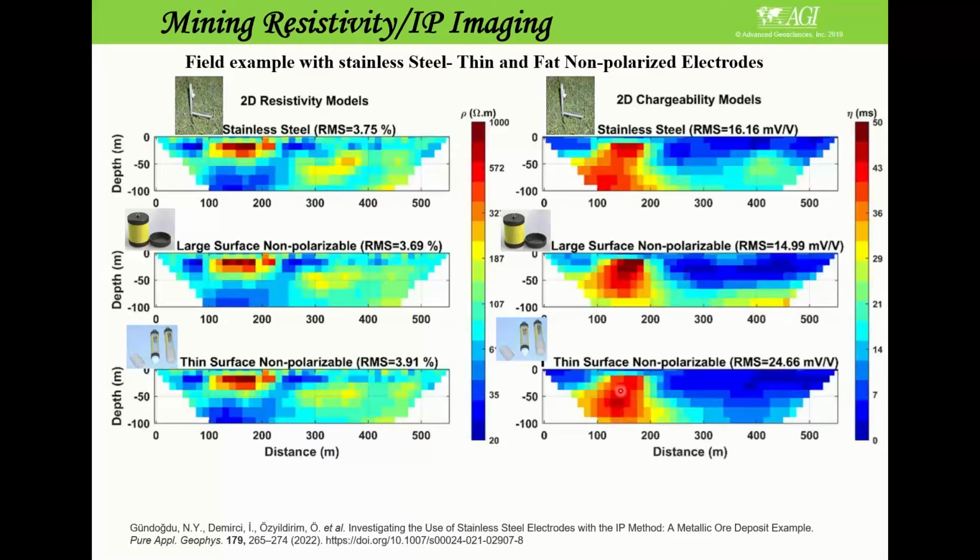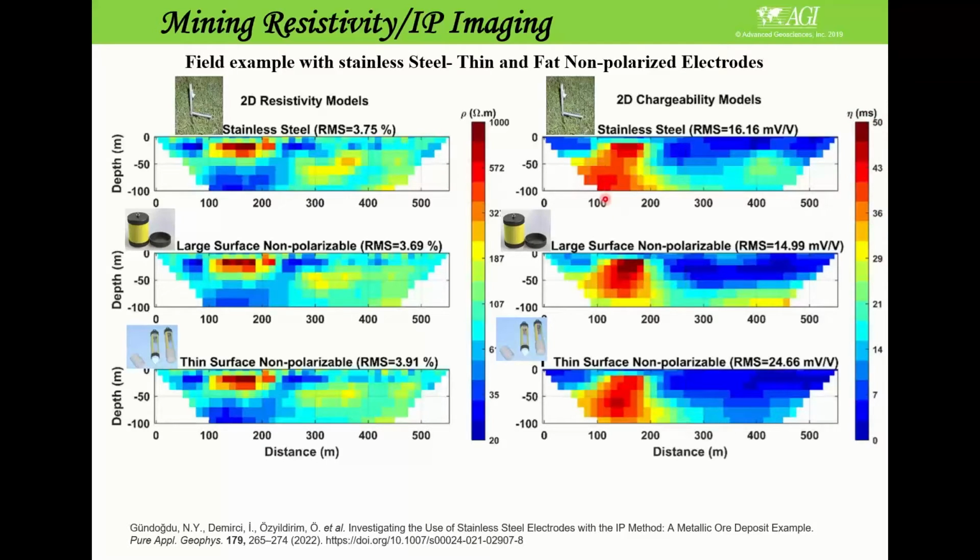You can see that when you use this thick, large surface non-porous electrode, I have a signal a little bit stronger. You can see the darker colors over here, almost 50 milliseconds. When you use the thin one, you can see that also, but a little bit less. But there is not much difference, because we're talking about maybe 30 to 50 milliseconds.